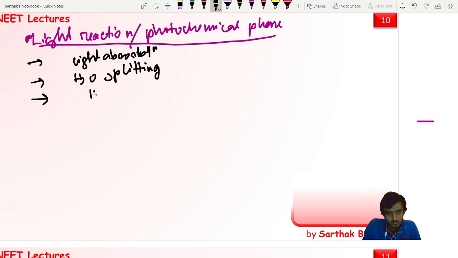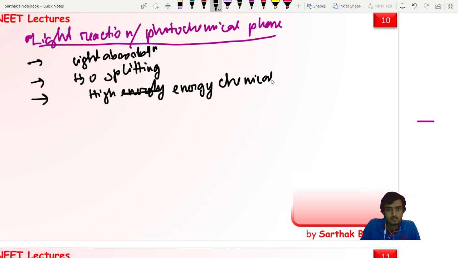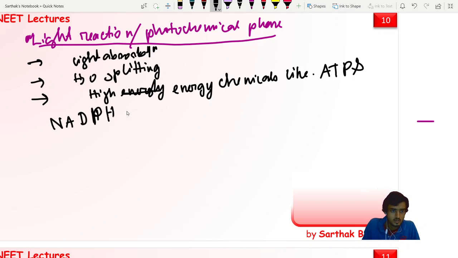Thirdly, high energy chemicals like ATP and NADPH are produced.